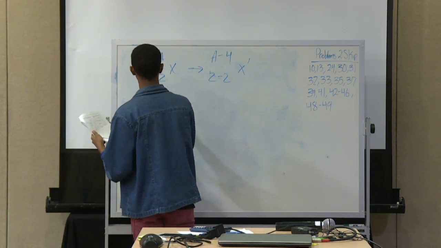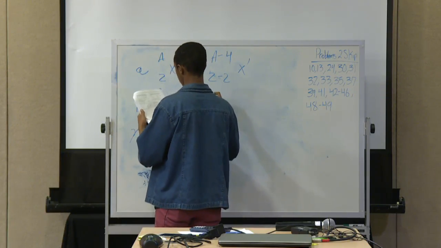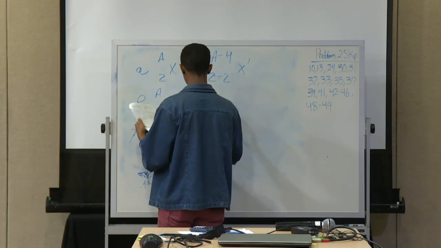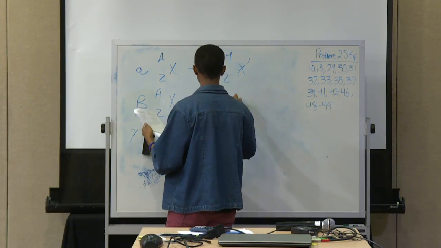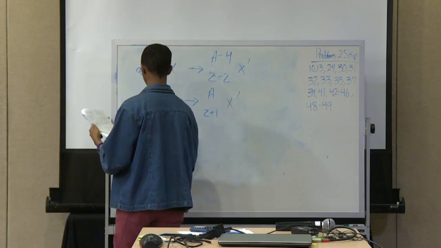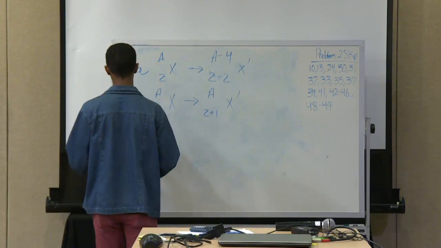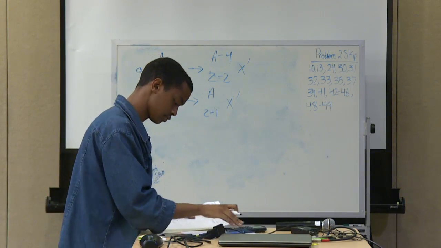For beta, it goes to the same mass number, but the atomic number is increased by 1, and there's a new thing. Cool?